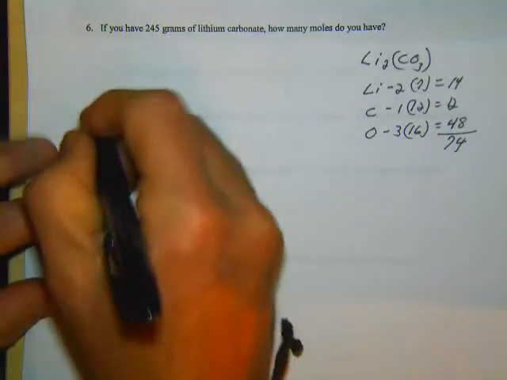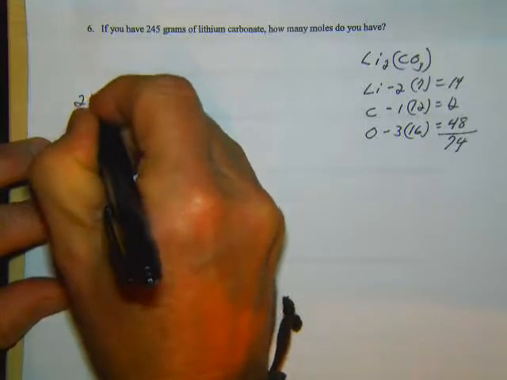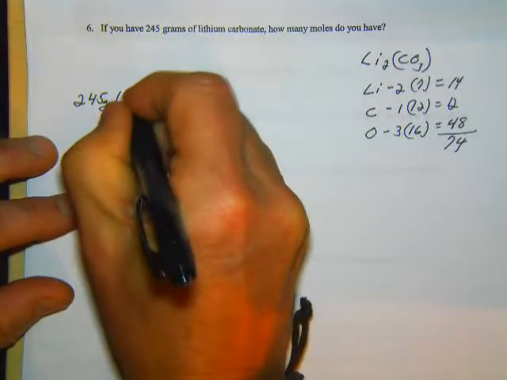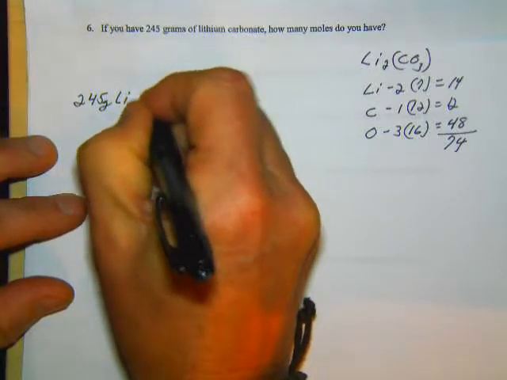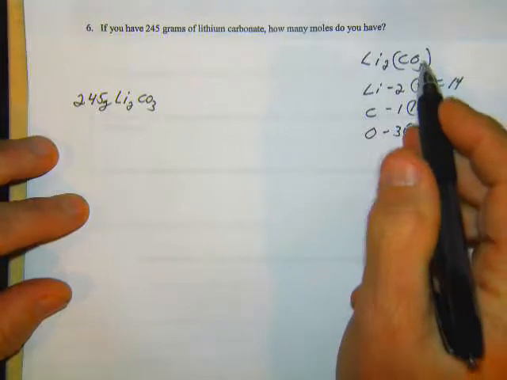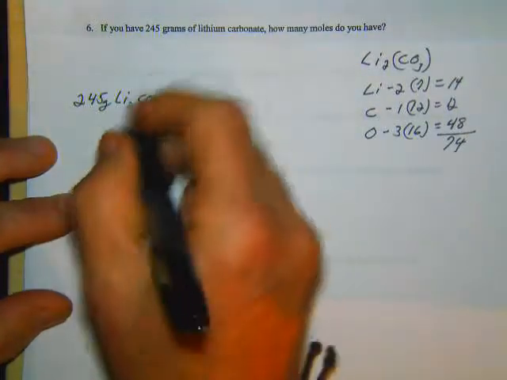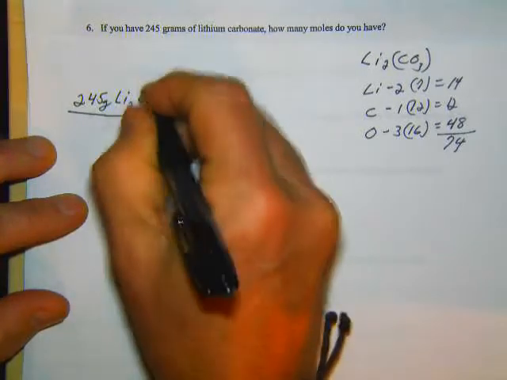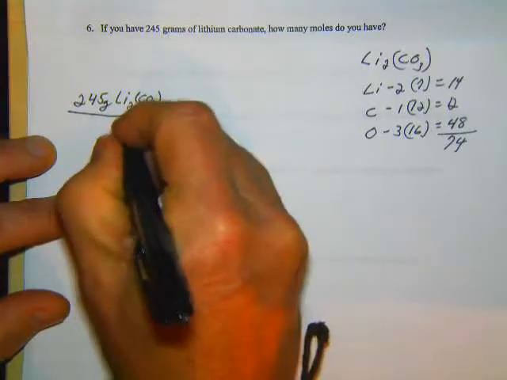So we have 245 grams of Li2CO3. I just have a habit of putting my polyatomic ions in parentheses, even if there's only one unit of it. So don't be too surprised when I do that.